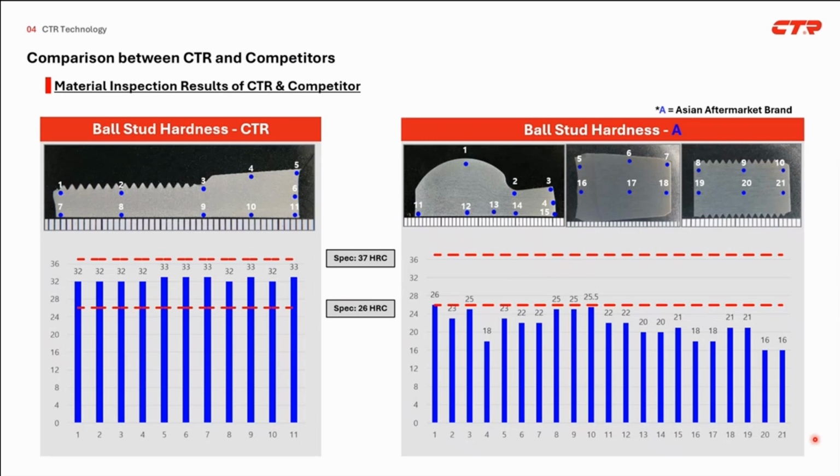Unlike if it is lower than the specification, it will bend easily. Anyway, hardness measurements were taken at key locations, and it was confirmed to be at 48% of the level compared to CTR. Furthermore, the hardness of A does not meet the general specification.